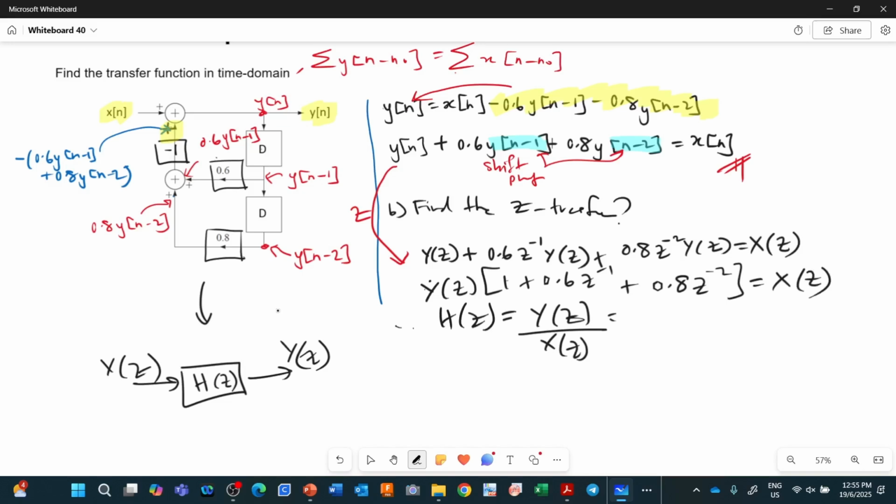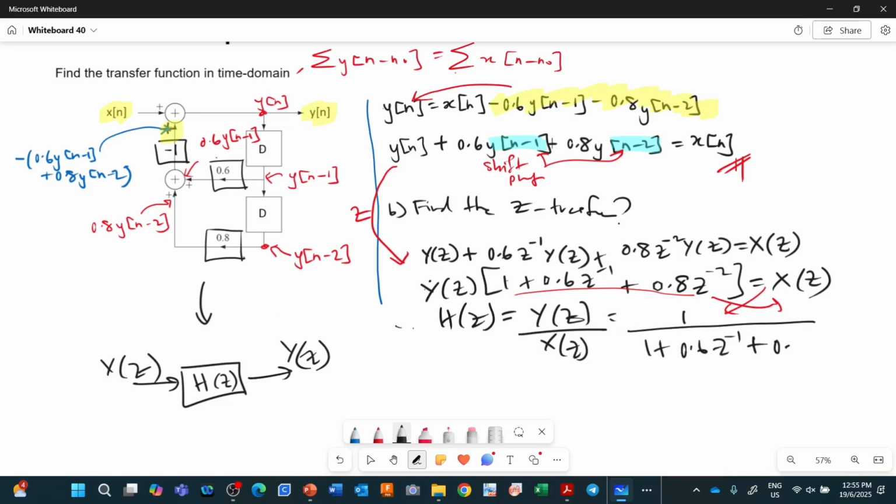Now we can rearrange it, take this whole thing down, swap it. So you get 1 over 1 plus 0.6 z^-1 plus 0.8 z^-2. So this one will be the answer in Z transform.